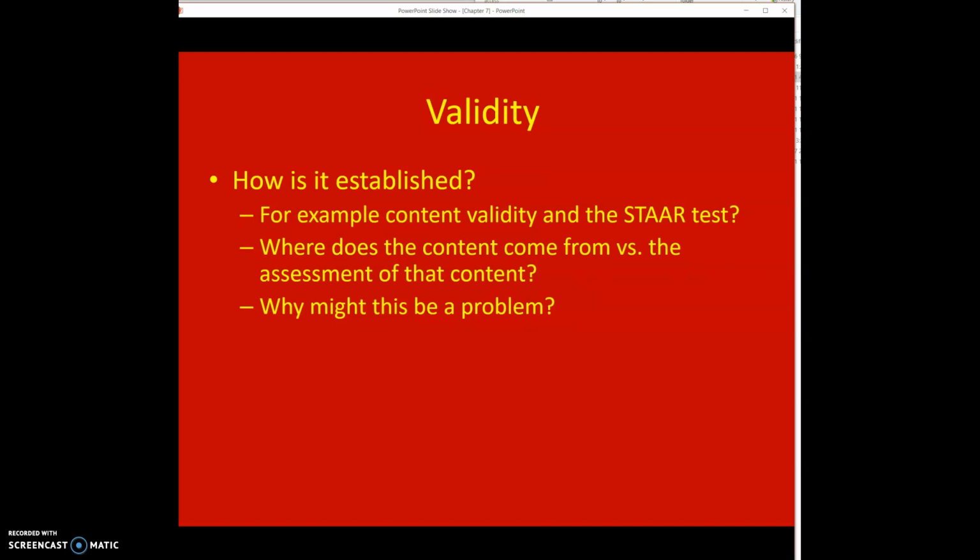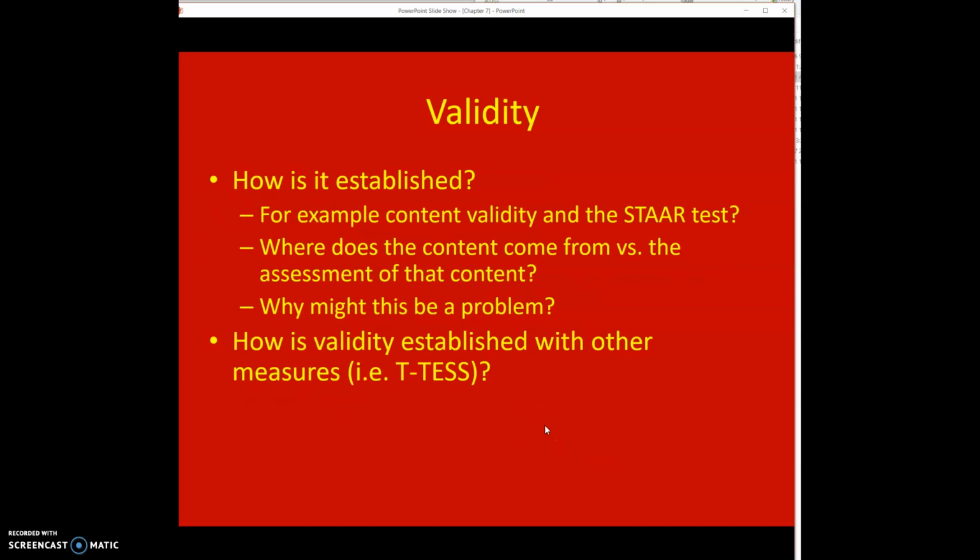That's a problem, and I think that there's a reasonable chance that that's creating some of the problems that we have with the STAR exam, is a lack of validity, content validity, from the exam back to the content being taught. And the desire to have some sort of measure for students, that being the STAR test, is so high that people are not willing to take the time to really look at the possibility that something may not be correct.